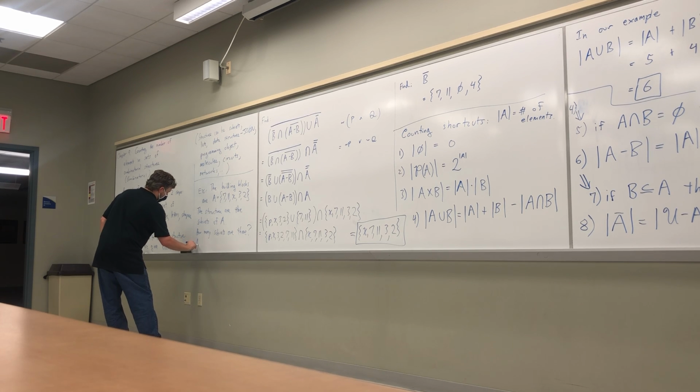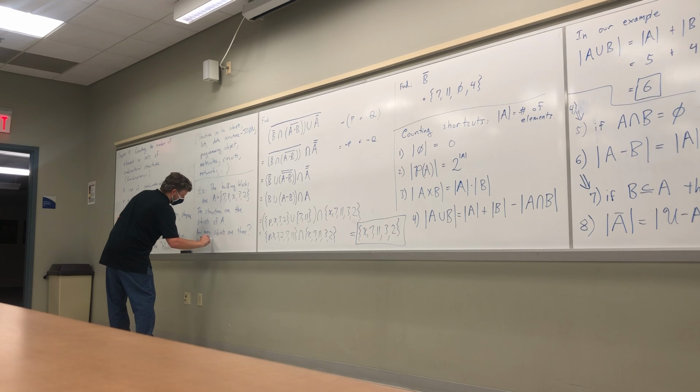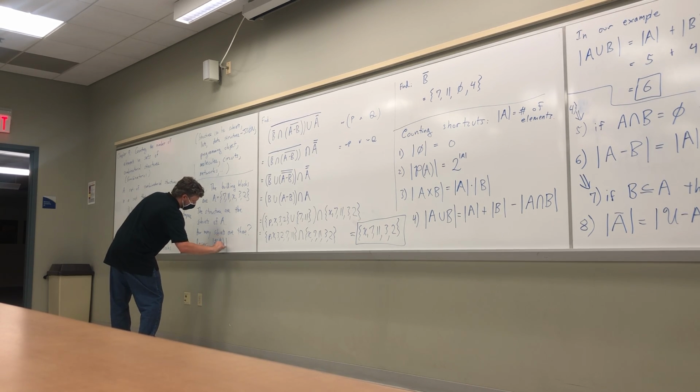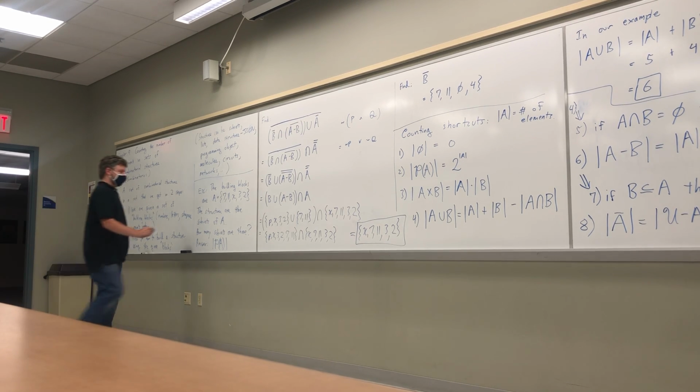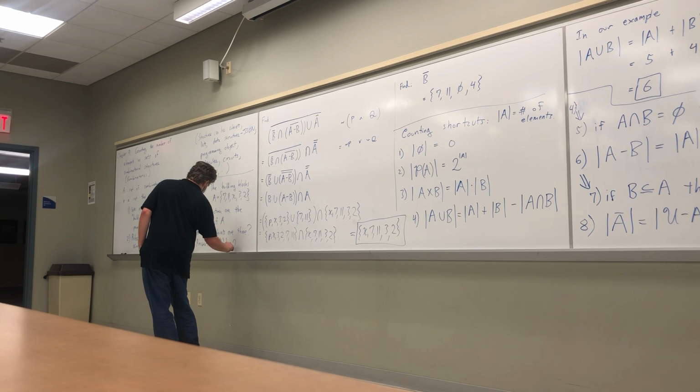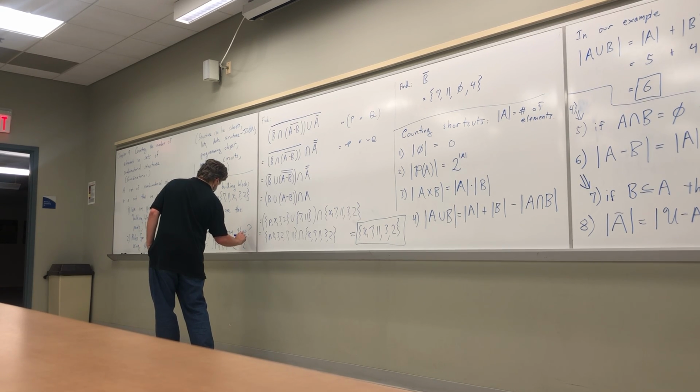And the answer is 2 to the |A|, or 32. Or you could use the notation for the power set with bars around it, and then you can use the counting shortcut and get 32.